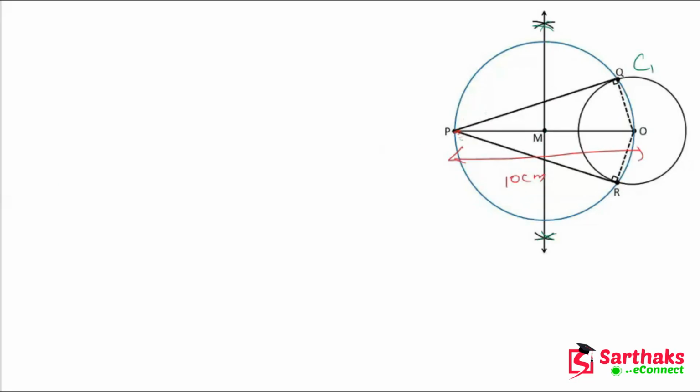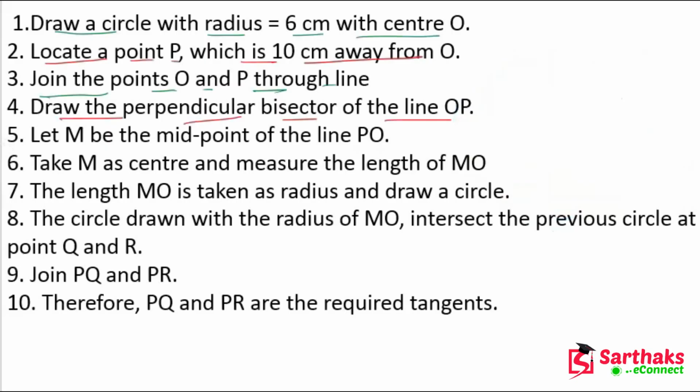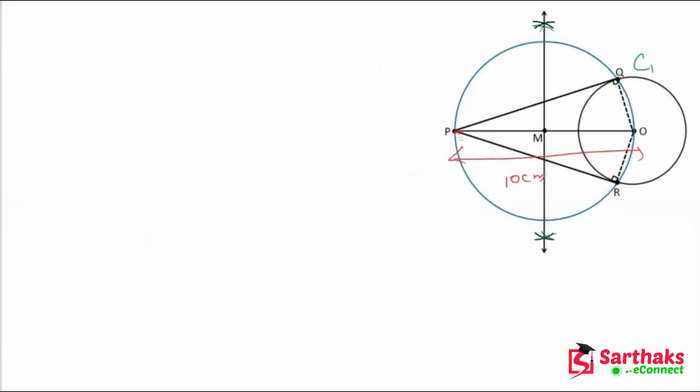Now the next step is to let M be the midpoint of the line PO, take M as a center and measure the length of OM, and the length MO is taken as a radius and draw a circle. With the help of this point M and compass we have to draw this circle. This is circle C2.